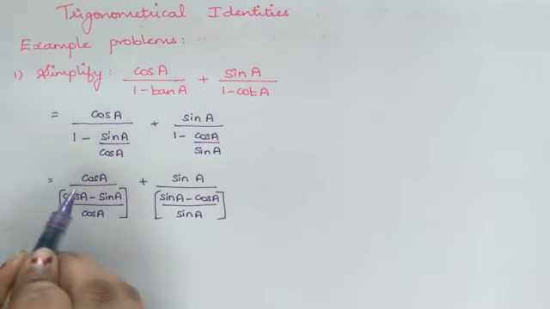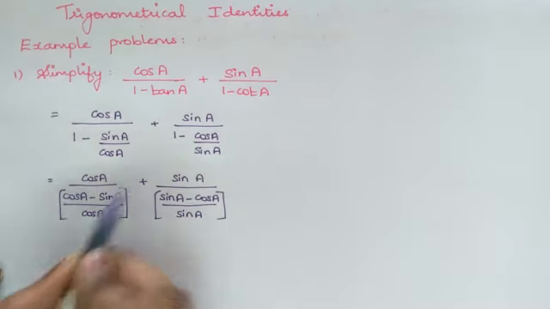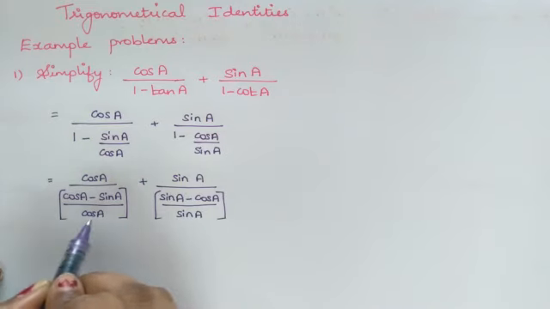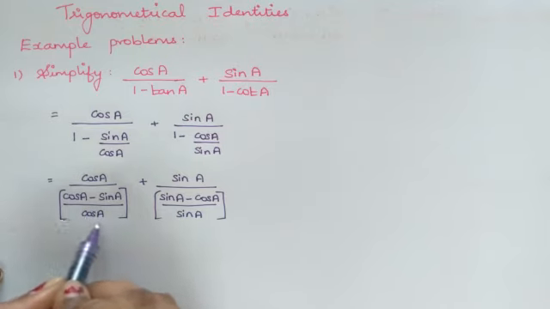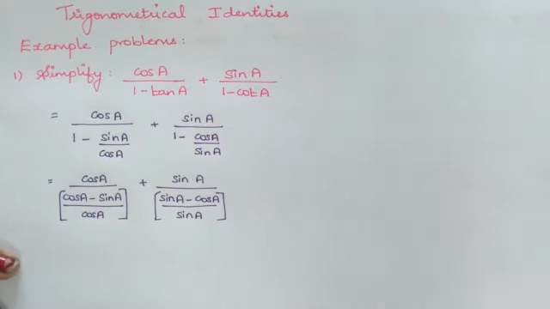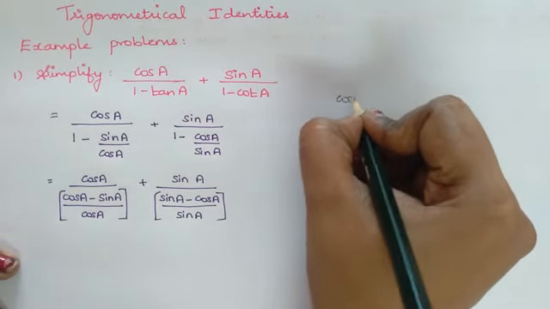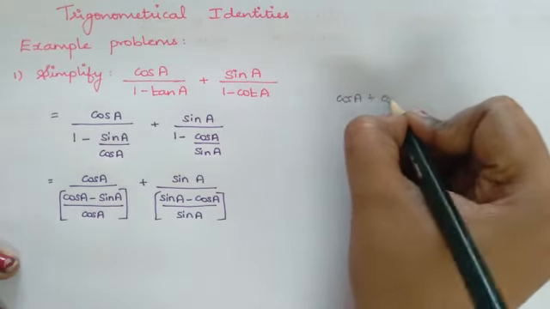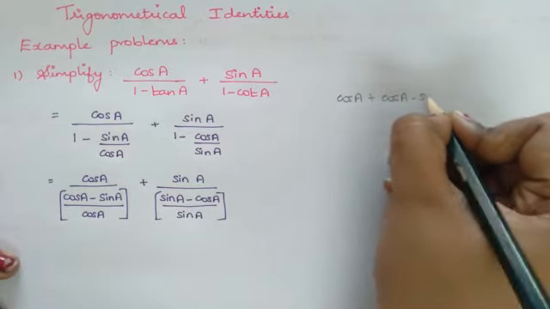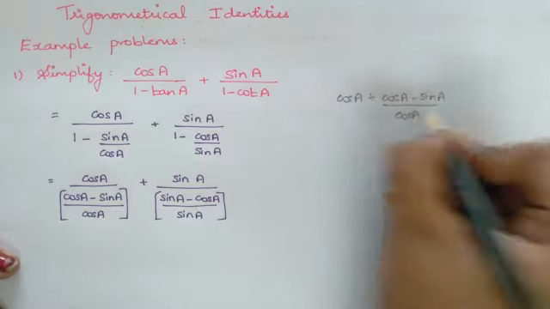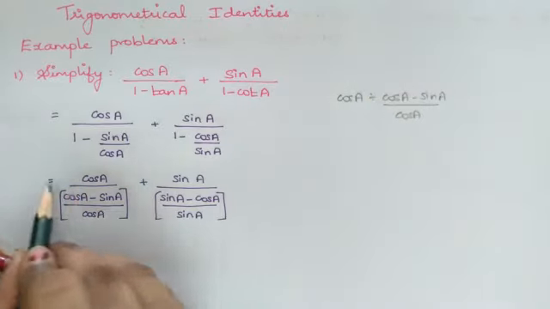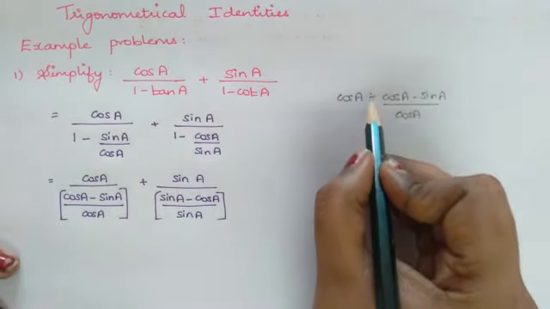Now this is like cos A divided by cos A minus sin A by cos A. What happens here is the denominator cos A will be taken up to the numerator. So we are having a division instead of this by, which we have written with the symbol here.